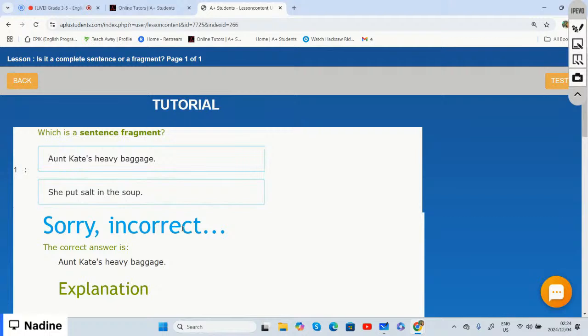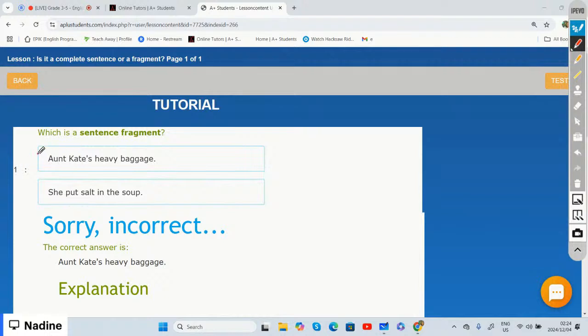If we look at these two sentences, we need to say which one is a sentence fragment.